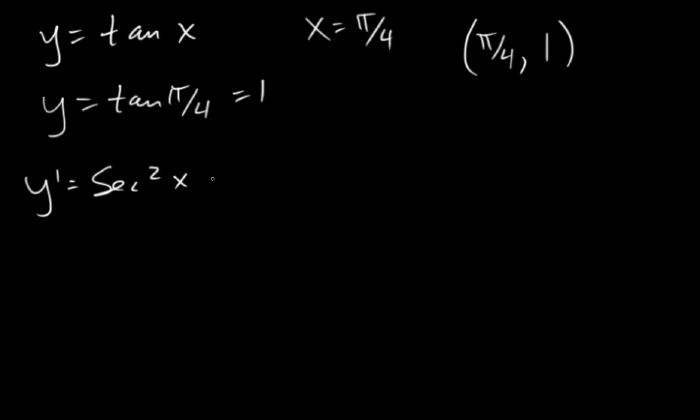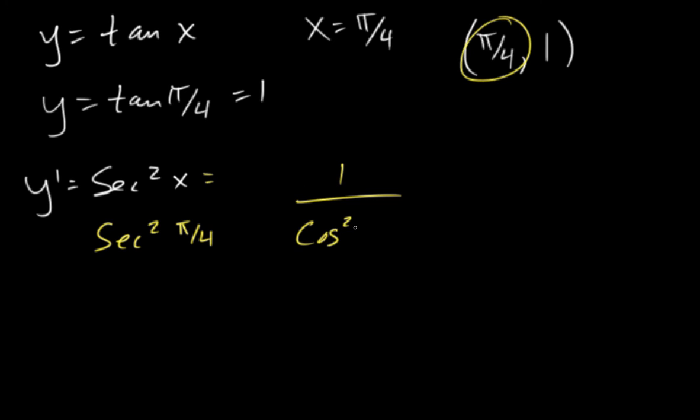And if we plug in our x value, we're going to get secant squared of pi fourths. And remember, secant is 1 over cosine, so it's like saying 1 over cosine squared of pi fourths. Cosine of pi fourths, remember, is square root of 2 over 2.